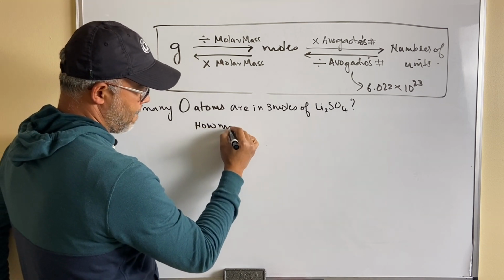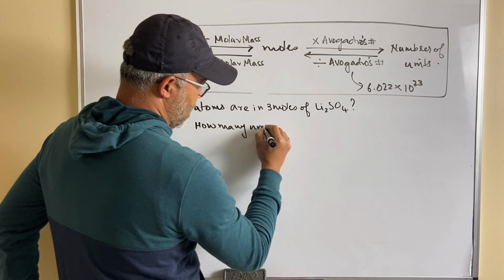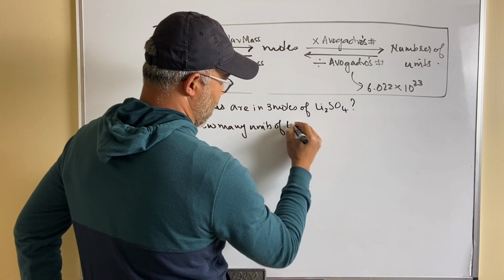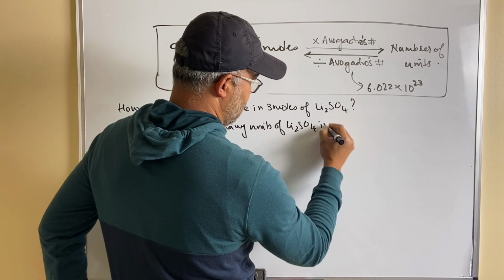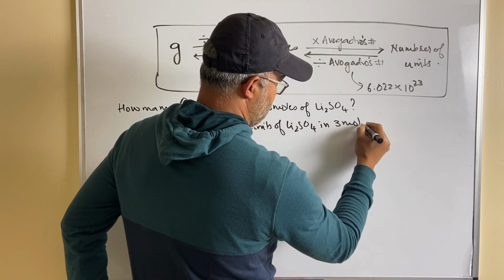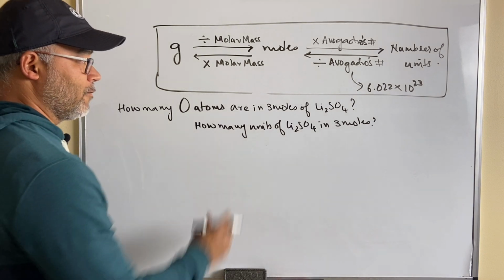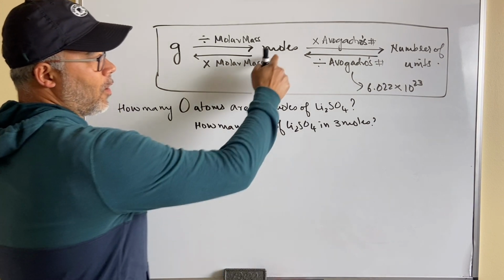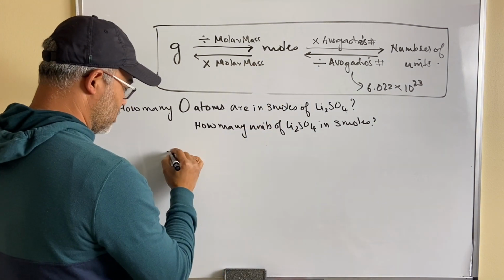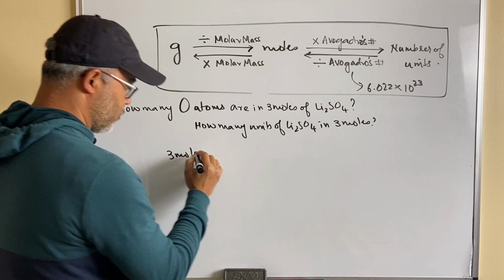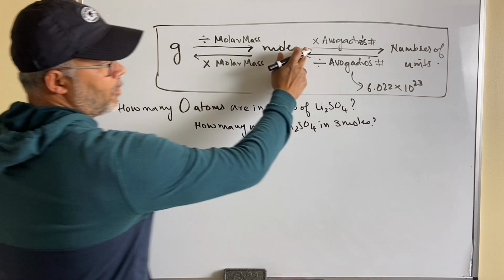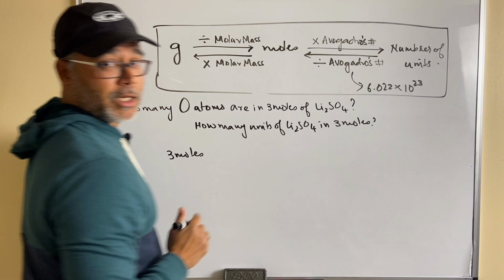How many units of Li2SO4 in 3 moles? Okay, so to answer this question, all I'm going to do is take the 3 moles, and I'm going to multiply by Avogadro's number to get the number of units.